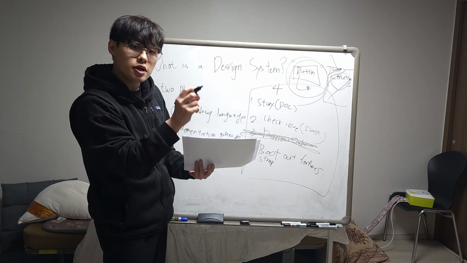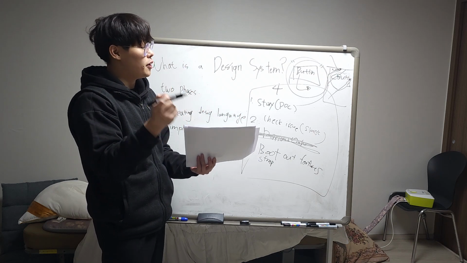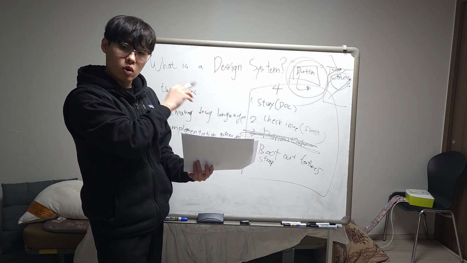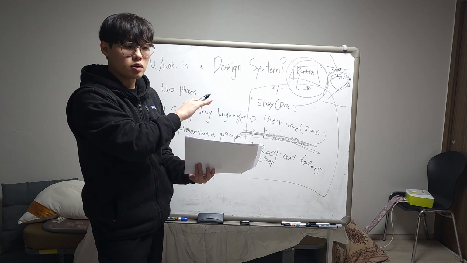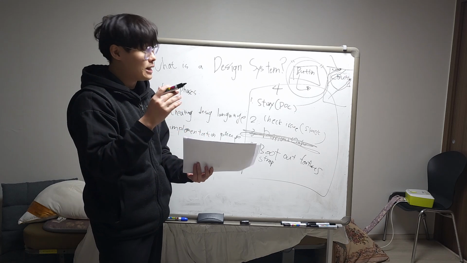There could be a mismatch in the pixels and those kinds of things. But when you use code components or Code Connect, this kind of trouble is solved, and that's really important.